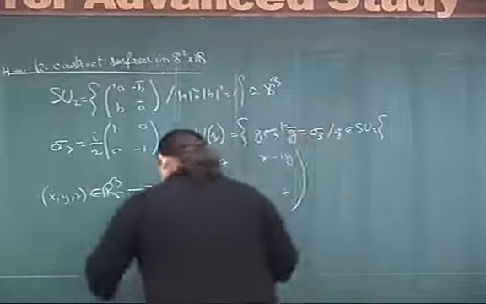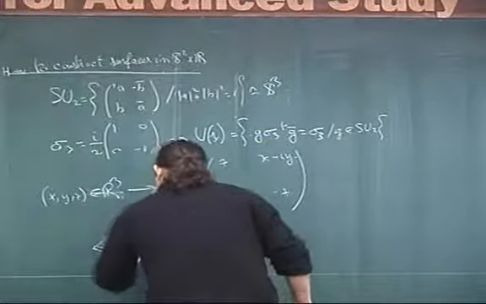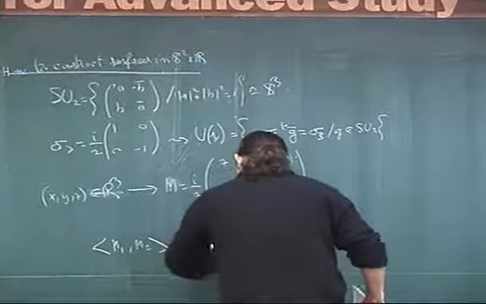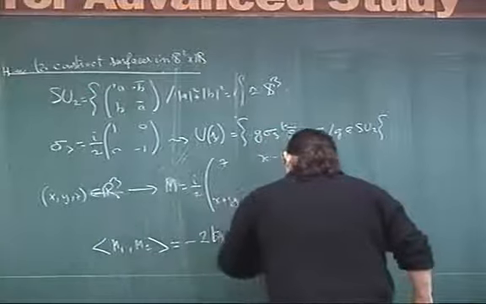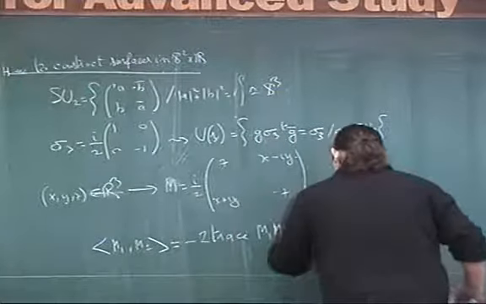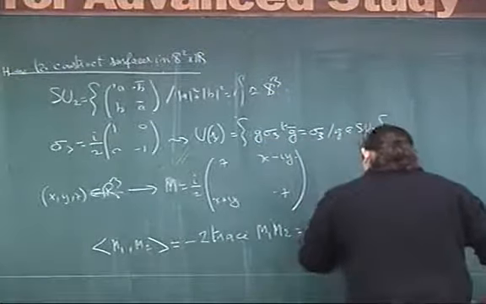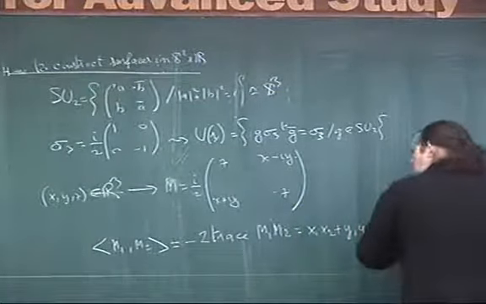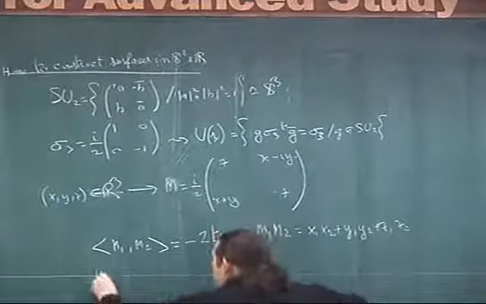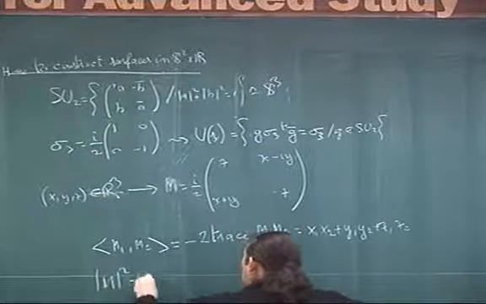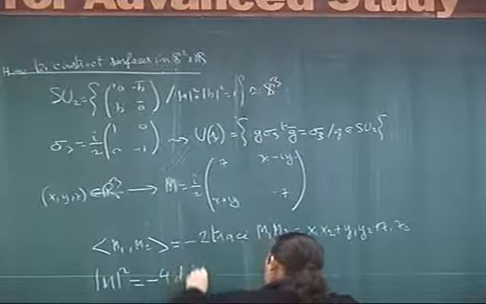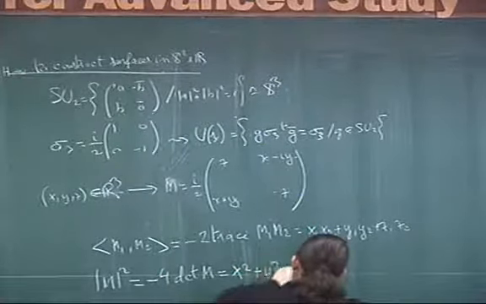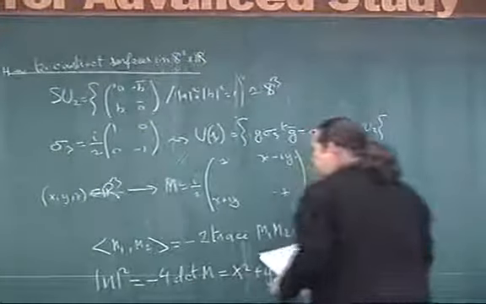Then I have a scalar product given by the trace, where M squared is minus the determinant, x square plus y square plus z square.